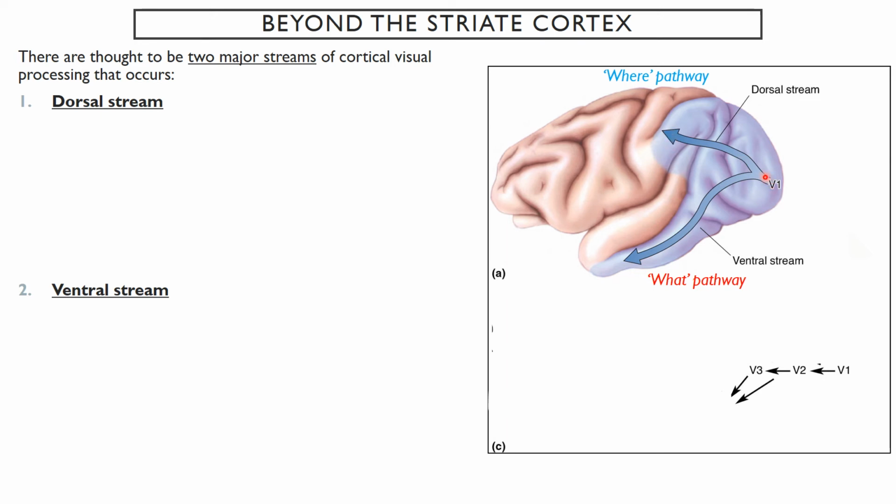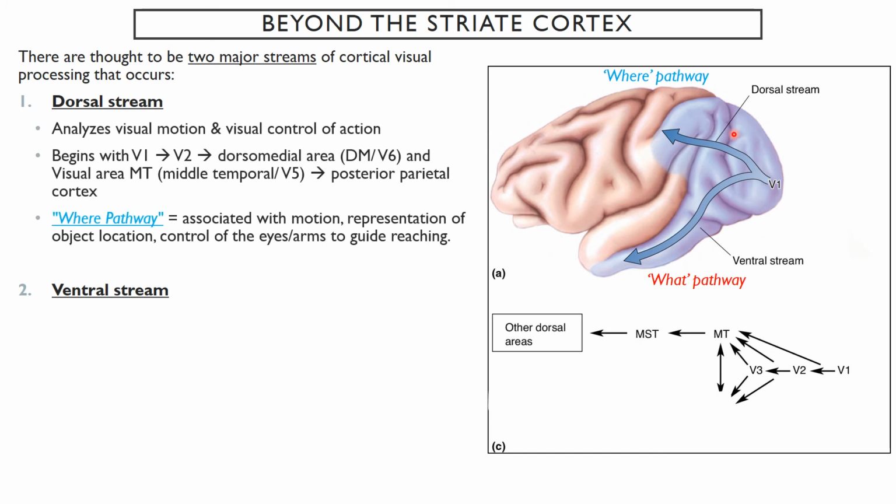The ventral stream goes ventral in the brain, and it moves its way in the occipital cortex and then into huge portions of the temporal cortex and the temporal lobe. These two pathways can be broken into two kinds of processing that's done.